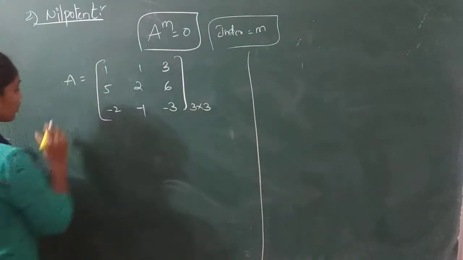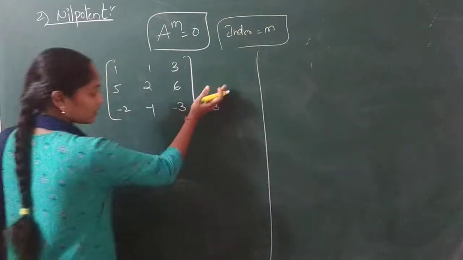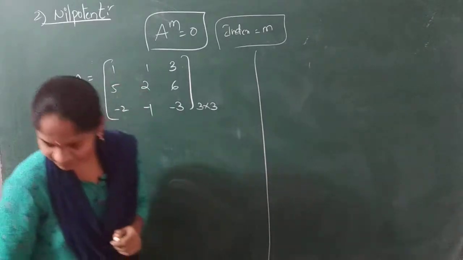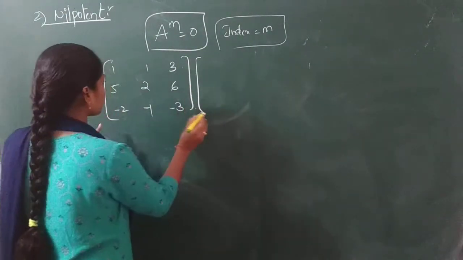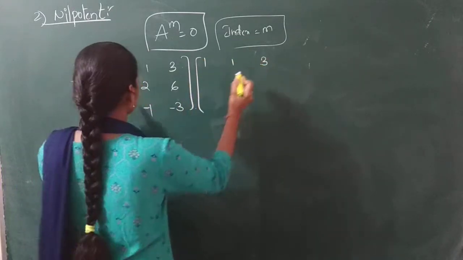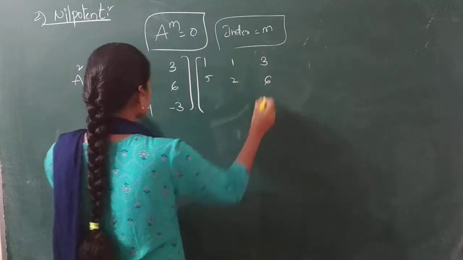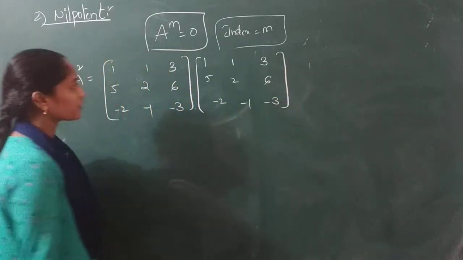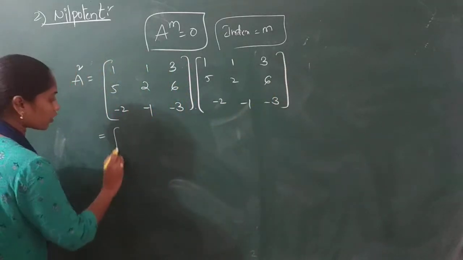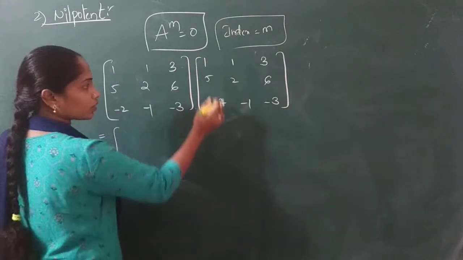First we'll check about A square here. So let me write here only. Let's check for A square. Now this is A, 1, 1, 3 and 5, 2, 6. Then this minus 2, minus 1, minus 3. So first we have to check A square. This is the product. Again you have to check the row into column plus 1.